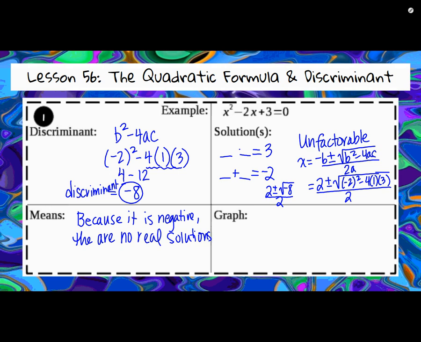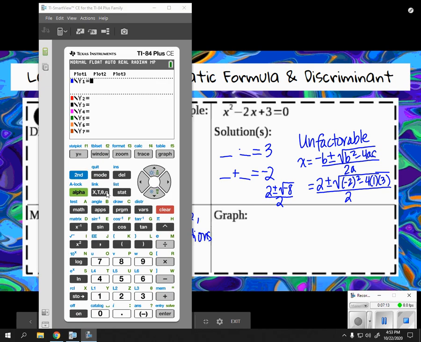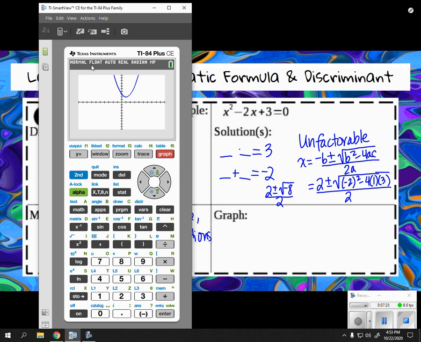But it should also be supported by the graph, x squared minus 2x plus 3. Let's graph it. You see how that doesn't cross the x-axis? So we're going to do a little sketch in this box to show that it doesn't cross the x-axis.